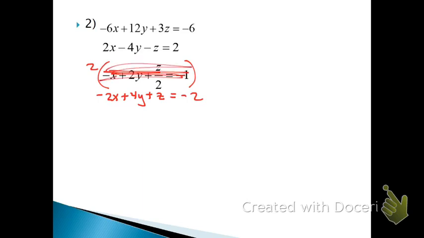Now, why is this a nice equation? Because if you add the third one with the second one, it cancels everything out. So when we add these two equations together, I get 0 equals 0. Now, hold on. Let's verify a little bit further.